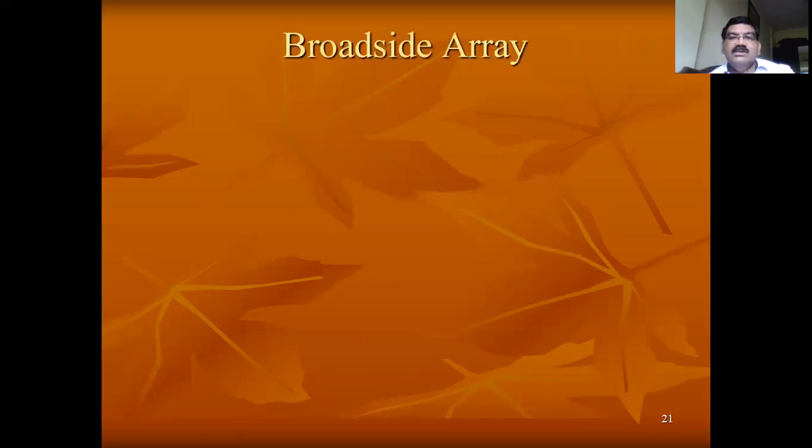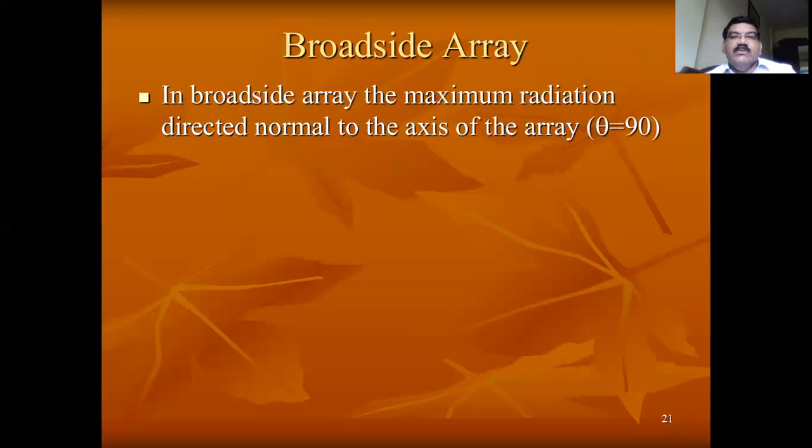So that we will discuss. These are all the basic things that we are discussing for the array. In the broadside array, the maximum radiation direction is normal to the axis of the array. If the array elements are along the z-axis, the radiation pattern is normal to the z-axis, that is in the xy plane.